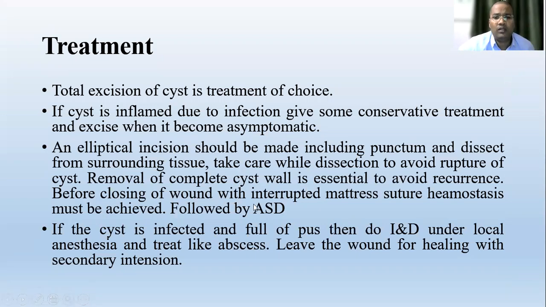Before closing the wound with interrupted mattress sutures, hemostasis must be achieved. Hemostasis means if after removing the cyst the wound has any kind of bleeding, you must stop that bleeding either by securing with the suture, by the cautery forceps, or just by the pressure method.